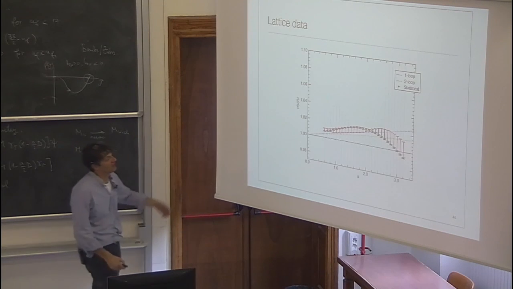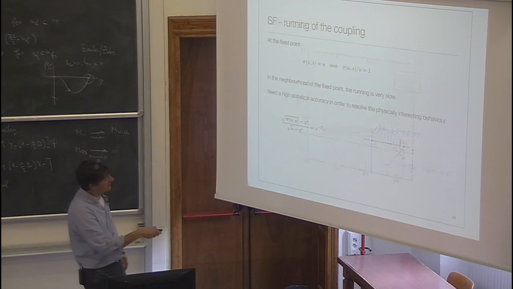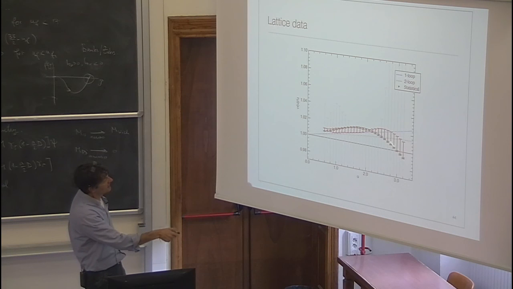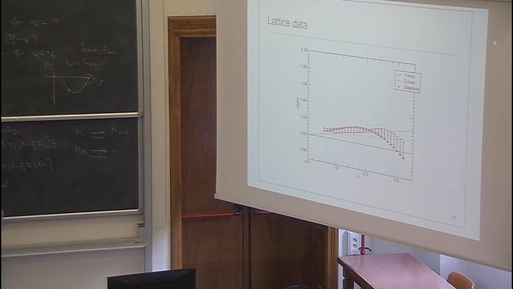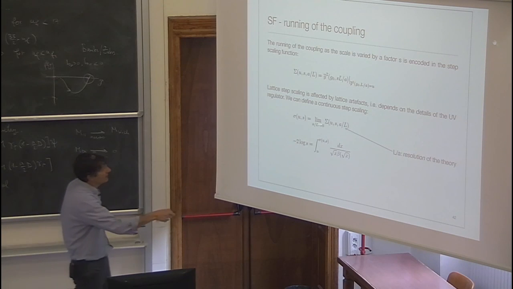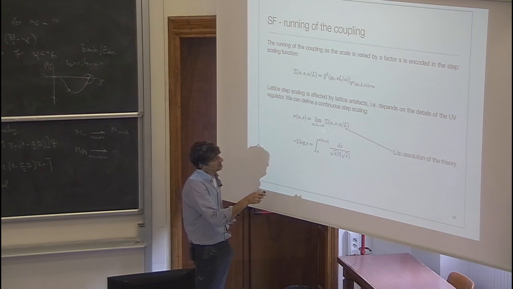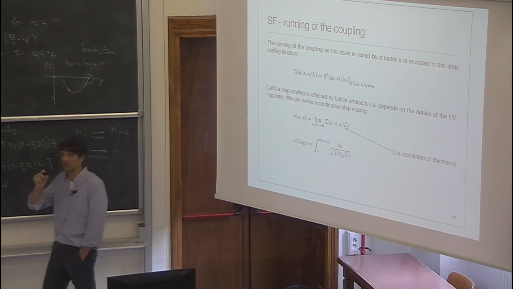And this is the systematic error that you get because of the slow running. So this error is related to the continuum extrapolation. Here you are trying to take a continuum extrapolation of something that is a tiny change, right?